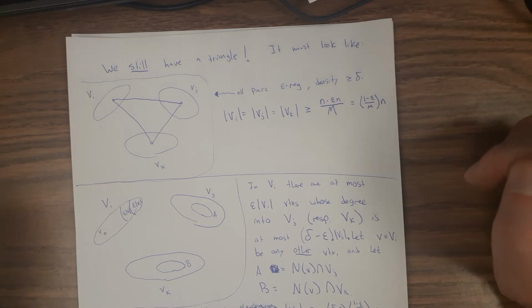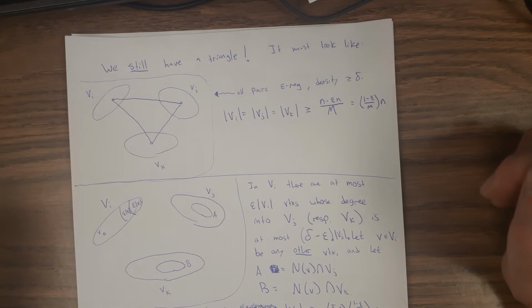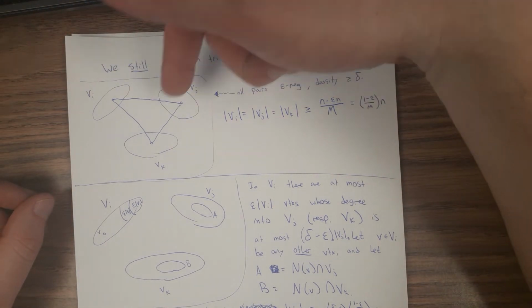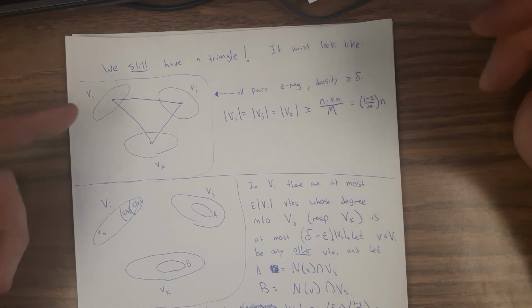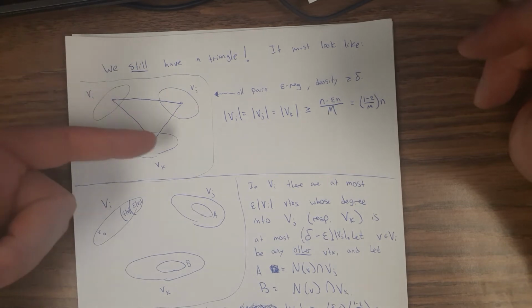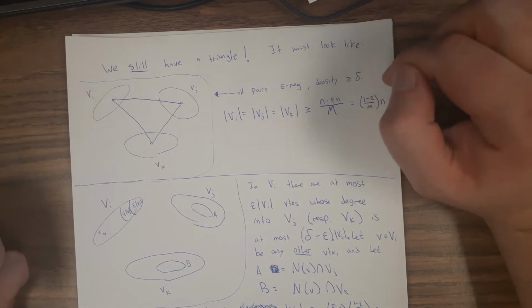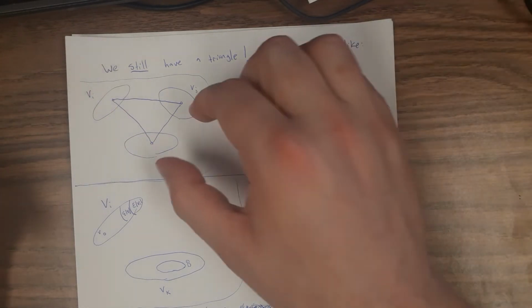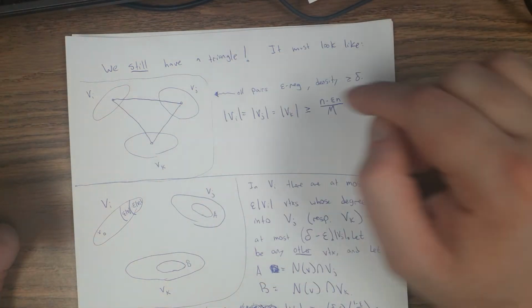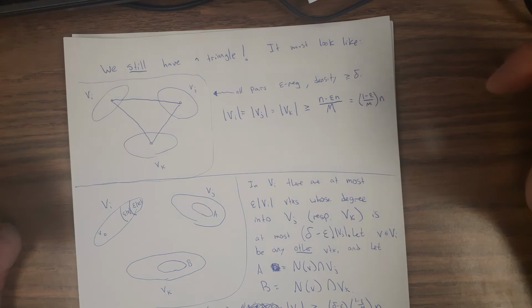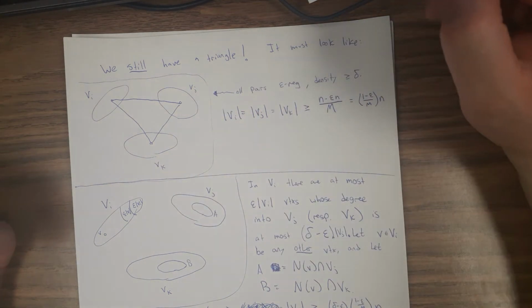They couldn't be V naught because we removed all the edges touching V naught at all. So we have some V_i, V_j, V_k, and i, j and k are not zero. All of these pairs would have to be epsilon regular, because if they weren't, then we would have removed that edge. And all of these pairs have to have density at least delta, because if they didn't, then we would have removed that edge.